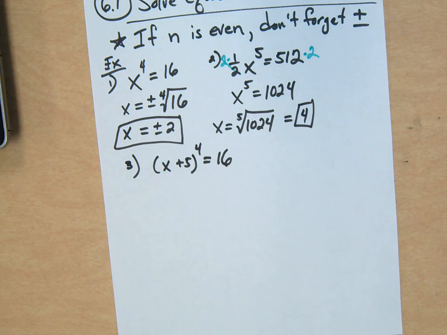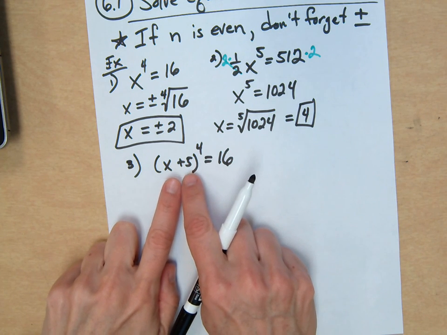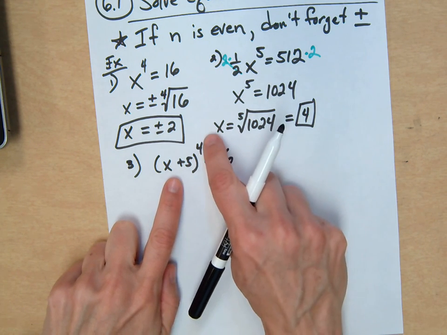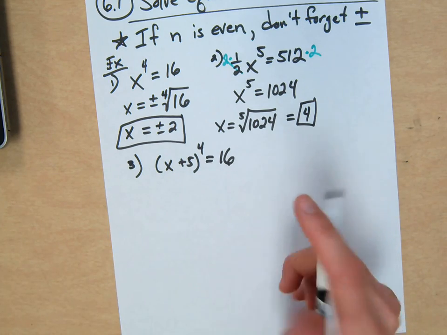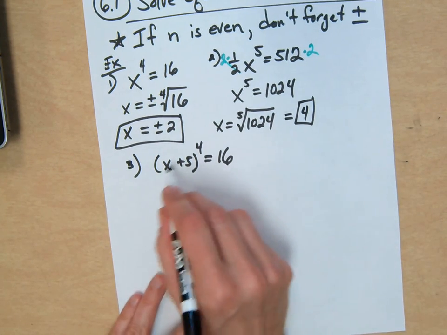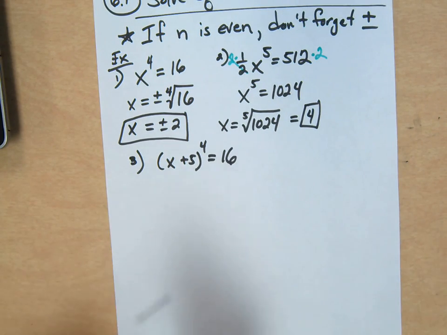Why can't I subtract 5 from each side? Yeah, because it's in parentheses. In order of operations, it has to be raised to the 4th power, so you can't just subtract 5. But we're all set up. Something to the 4th equals 16, so you just take the 4th root.